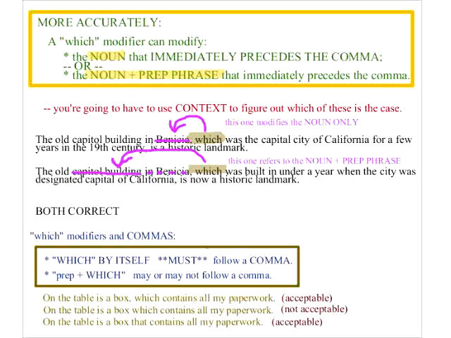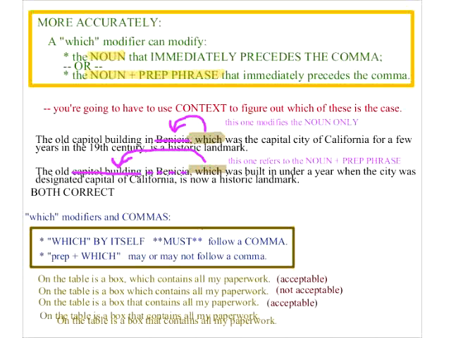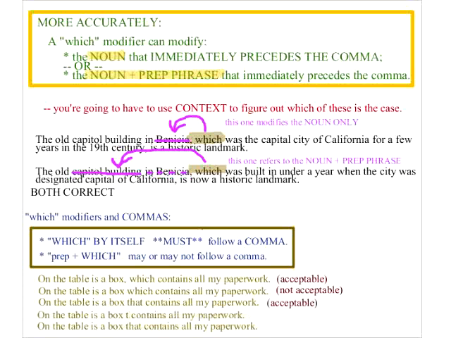On the other hand, if you have a preposition preceding which, if your modifier is in which or of which or at which or according to which, then either way is fine. Let me do this more efficiently. Let's copy and paste. We're going to make some small mods to these. On the table is a box in which I keep all my paperwork.